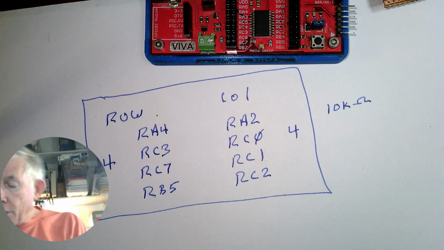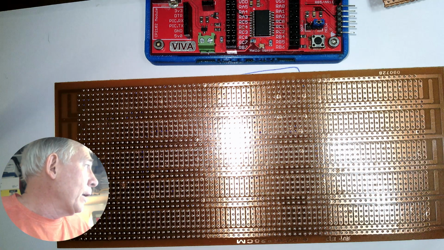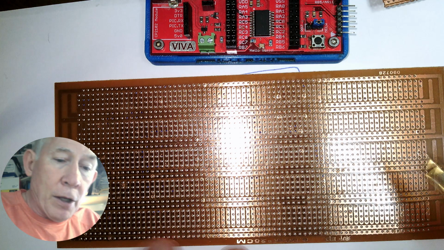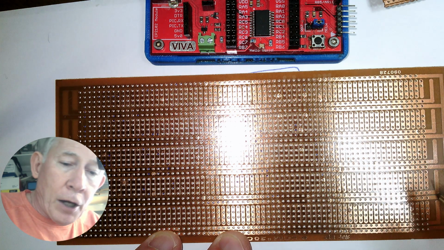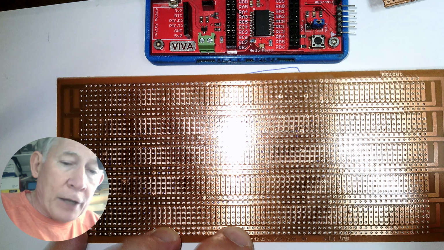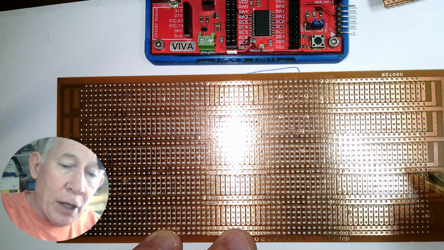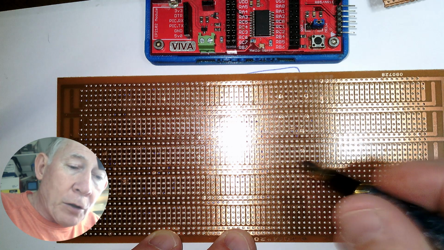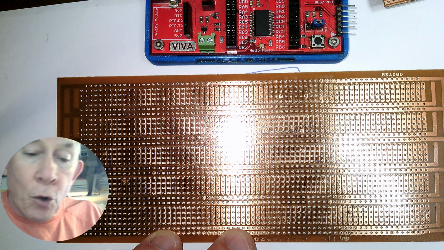I have a piece of it here. So you can see these rows are set up. There's buses that run between the rows, and then the buses can be connected in various ways, usually power and ground, but they can be other things. And then there are all these parallel connections with 1, 2, 3, 4 holes in them.